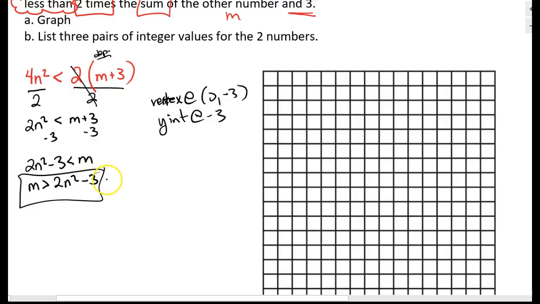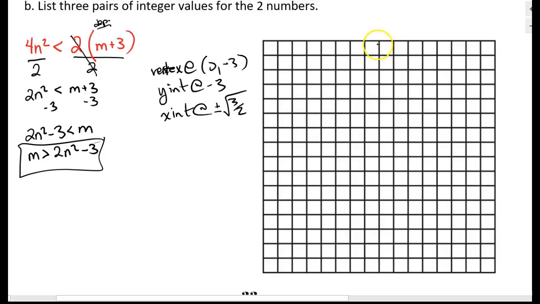And if we go ahead and try to factor it, my x-intercepts are going to be at positive and negative root 3 over 2. So that's a little ugly. I might not want to use those. But from here, I can figure out everything. So I'm opening upward. That's another thing. So this is a minimum.